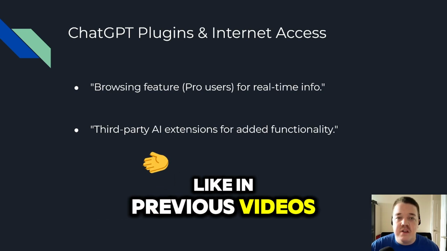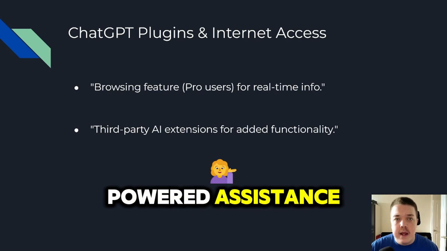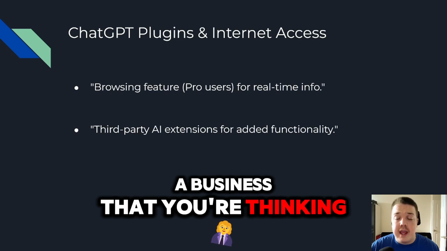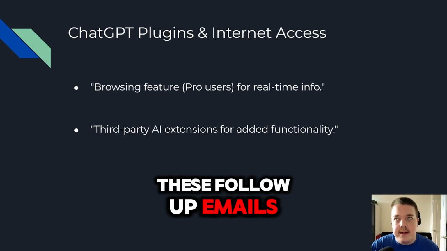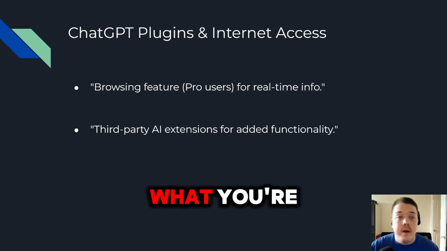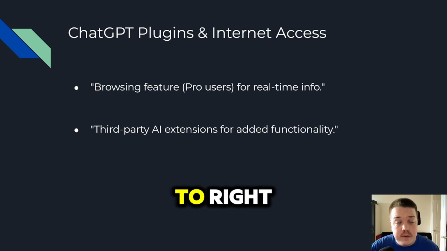And then, of course, you have certain extensions that just enhance productivity, right? Like in previous videos, we've gone over things like Notion or other AI powered assistants. If you're in a business and you think, I like this part of my job, but I hate writing and sending these follow-up emails, what you're able to do is compile a list of all the people that you need to send emails to, right?